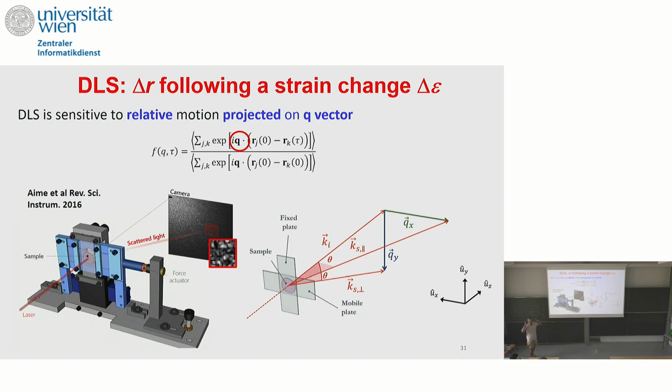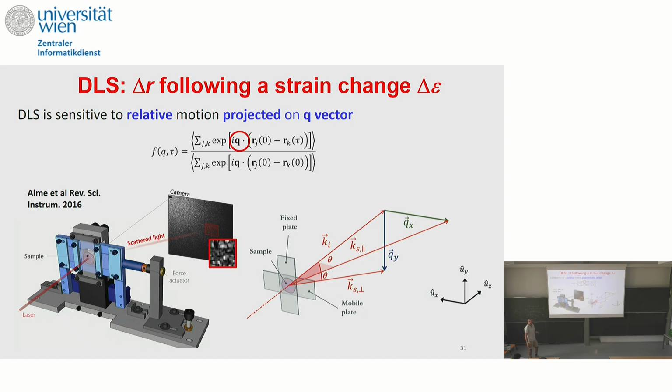So imagine that now you have a perfectly homogeneous, ideal elastic material. You apply a shear. The displacement within the material will be simply proportional to the distance from the fixed plate, and rigorously directed only along the x direction. So if you do your experiment with this Q vector, you will see a lot of decorrelation because you have displaced things along the direction of this Q vector, and zero decorrelation along this Q vector.